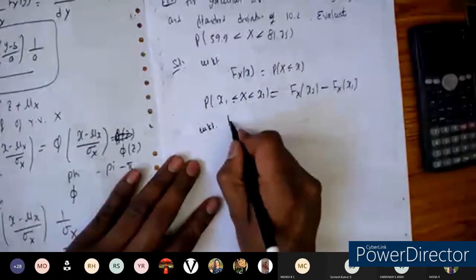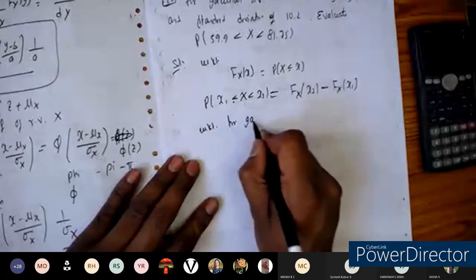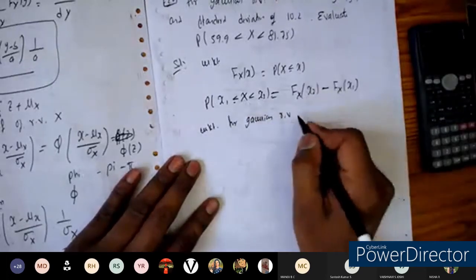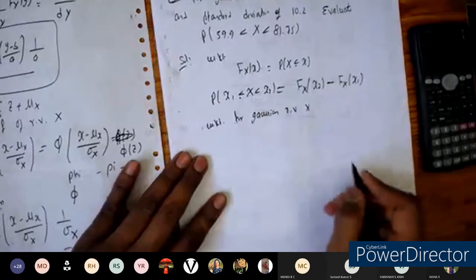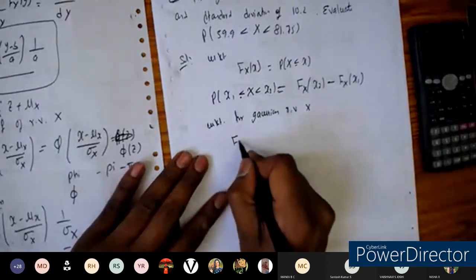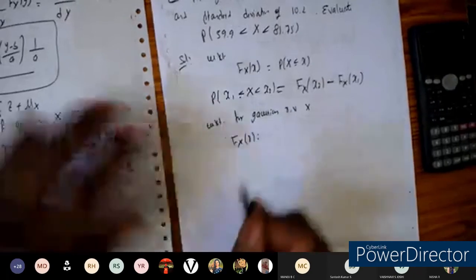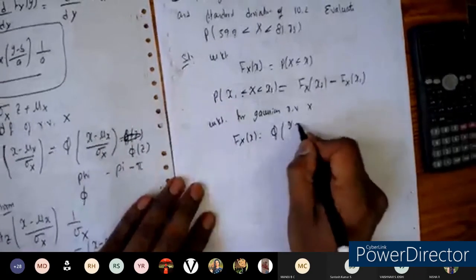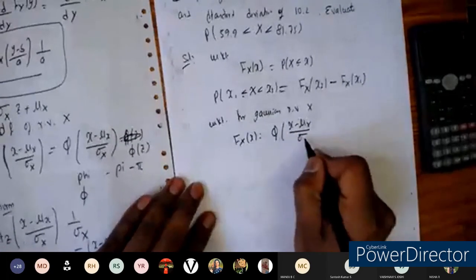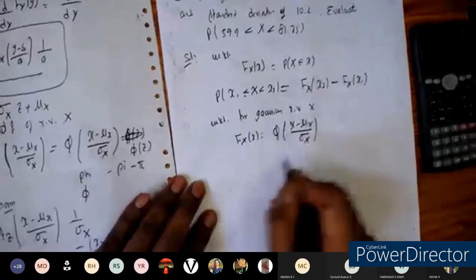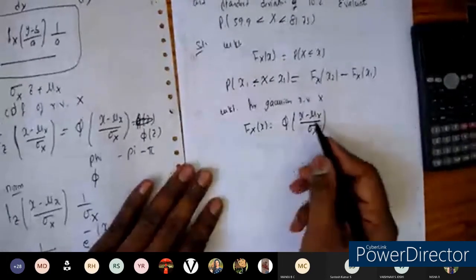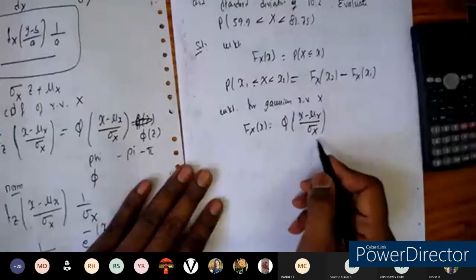For the Gaussian random variable x, we can make use of this equation: Fx of x is equal to phi of x minus nu x divided by sigma x.